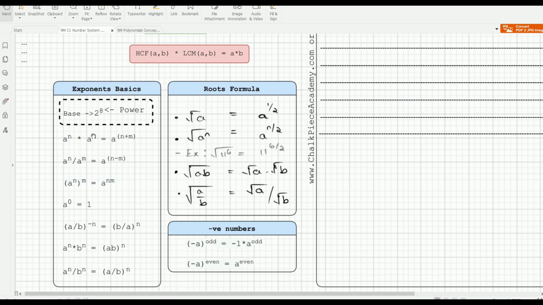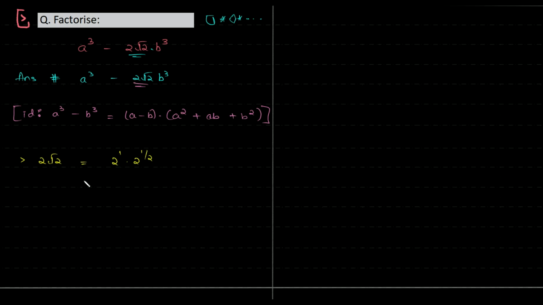Same base with different power, we should add them. Whatever the power may be, we should add them. 1 plus half, which is nothing but, with LCM 2, 3 by 2. Okay, right? So what does it mean? It means square root of 2 whole cube.